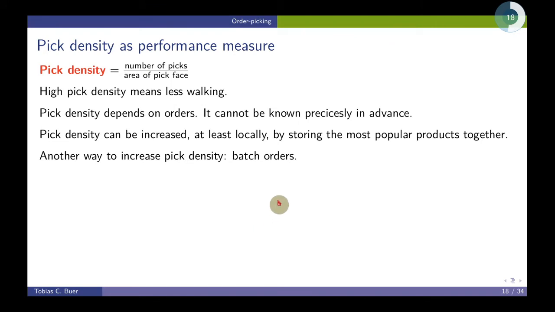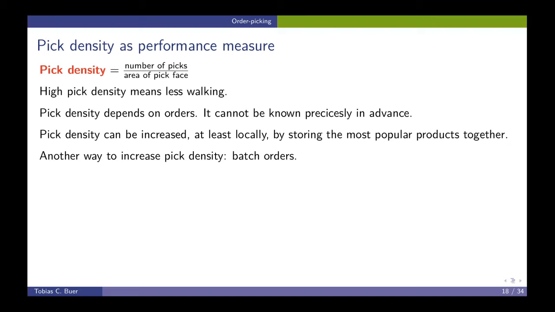To measure the performance of picking, one of many indicators is the pick density, which is the number of picks divided by the area of the pick phase. A high pick density means less walking, but what you should always keep in mind, and what is a challenge for us, is the actual pick density.